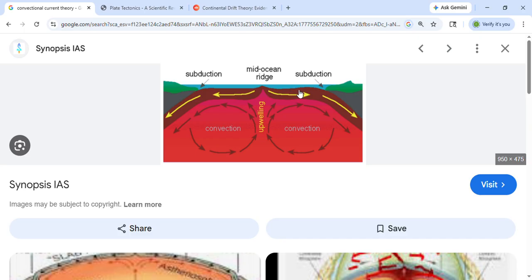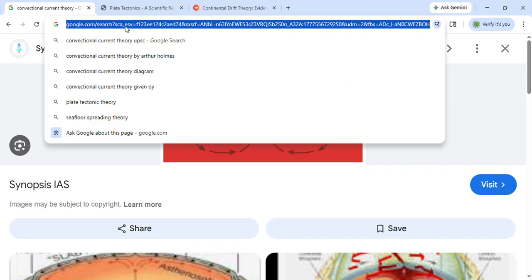So the next question: the post-war ocean floor mapping revealed something unique about the mid-oceanic ridges. What was it? So now we'll learn about the mid-oceanic ridges.